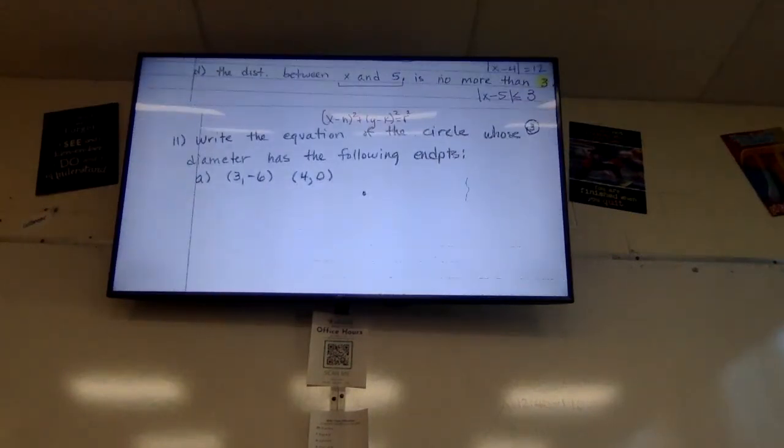Now, none of those symbols have the diameter terms in them. So the diameter is not something I can just plug into h or k or r. Those are numbers that I'm going to use to find diameter and find my center.